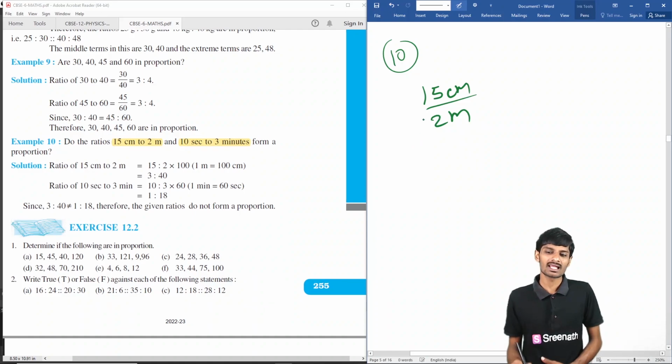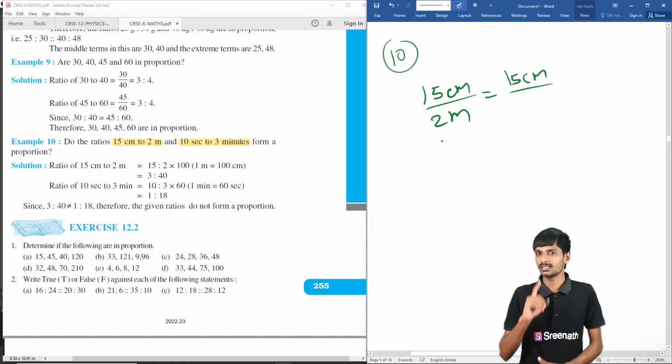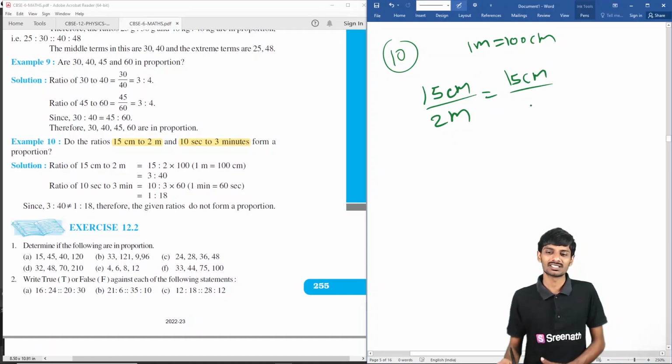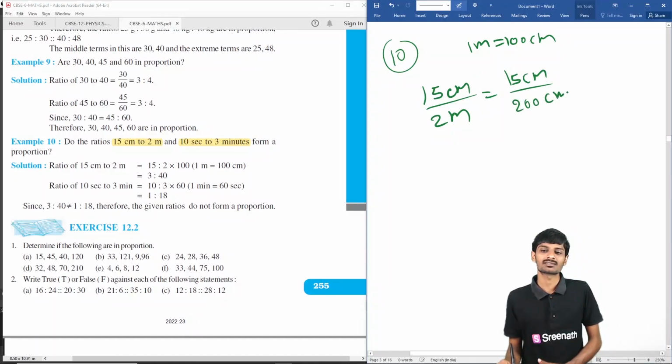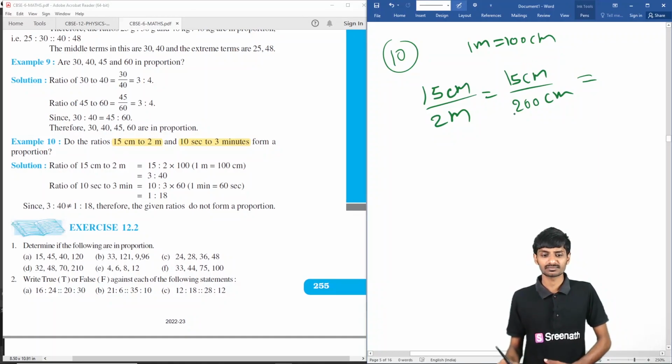Simply cancelling 15 and 2 is not a good method. We have to look at the units. Here it is 15 centimeters, and here it is 2 meters. We know that 1 meter is 100 centimeters, no? So 2 meters is 200 centimeters. Now you can find out the fraction.